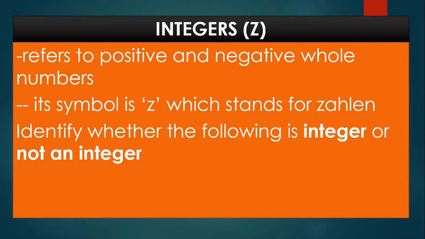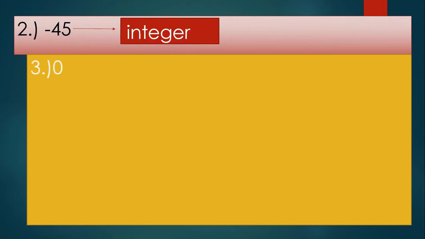Now let's have more examples about integers. Let's identify whether each of the given numbers here is an integer or not. Number 1, 15. Is this an integer? Okay. Very good. This is an integer. How about number 2? Negative 45. Is this an integer? Yes.